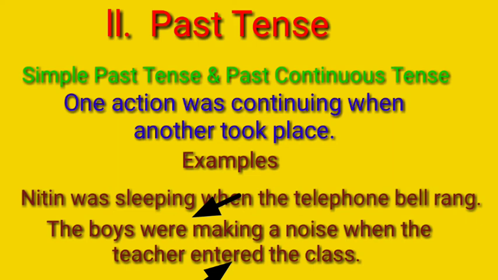The boys were making a noise. That was the process continuing at that time. At that time one action took place. What took place? The teacher entered the class. For using sentences like these, we can use past continuous tense and simple past together.